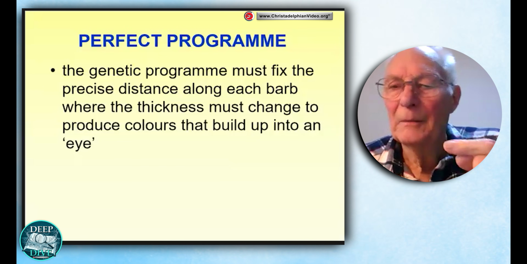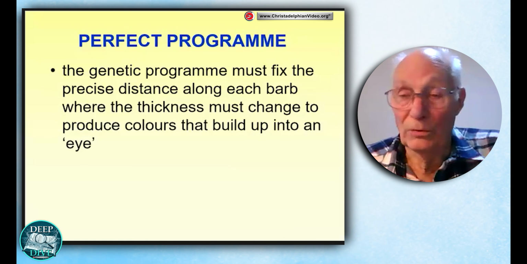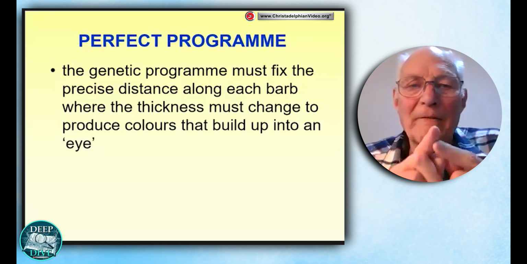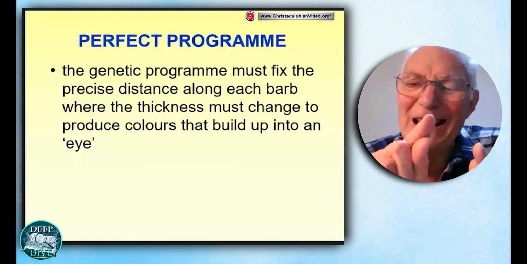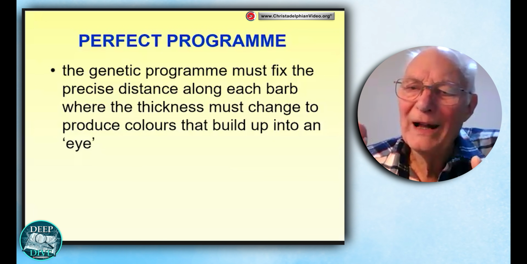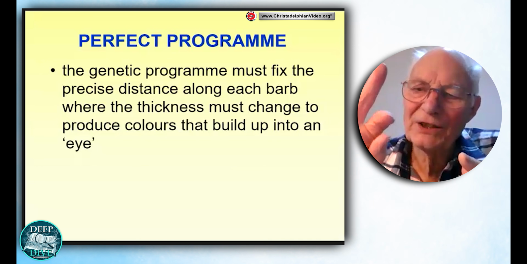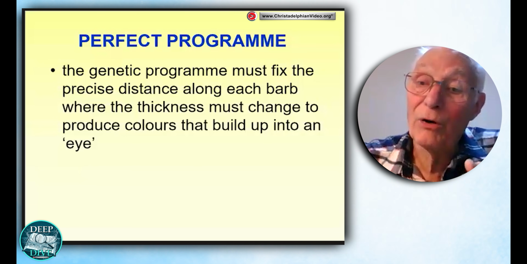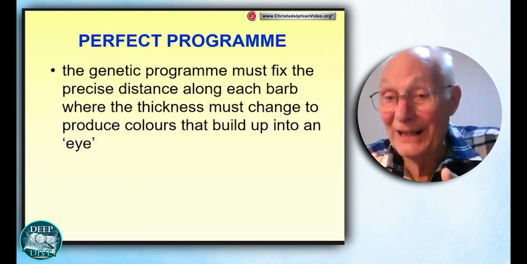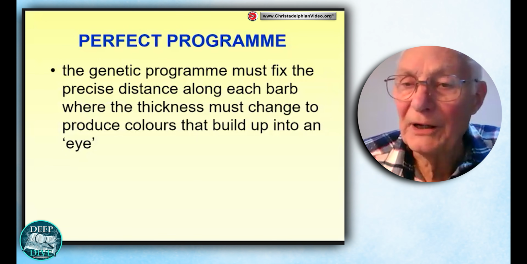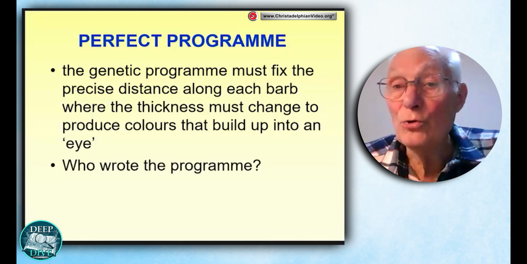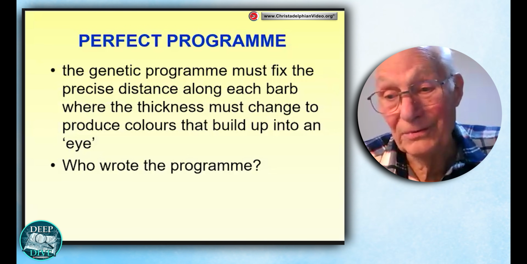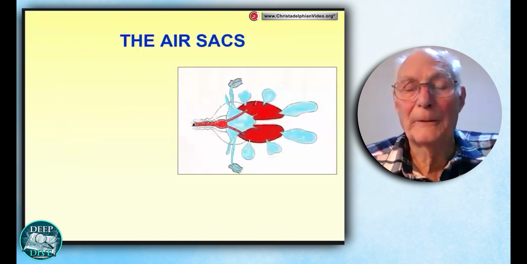Somehow, that peacock, or like Sussex cockerel, must have a genetic program that fixes the precise distance along each individual barb where the number of layers or thickness of the layers must change to produce the precise colour that, as you go along and put it next to the next one and next to the next one, builds up into an eye. Who wrote the program? They don't write themselves. Somebody must have sat down to do it.